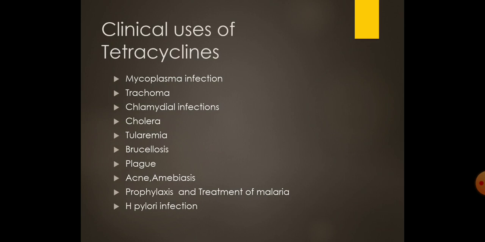In case of meningitis, and treatment of asymptomatic carriers of Neisseria meningitidis, to eliminate meningococci from the nasopharynx, it is given at a dose of 100 mg every 12 hours, though rifampicin is preferred for this kind of eradication procedure.